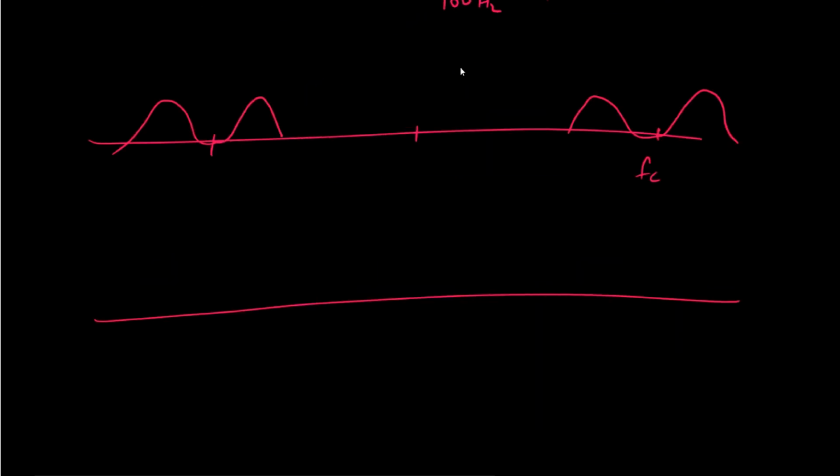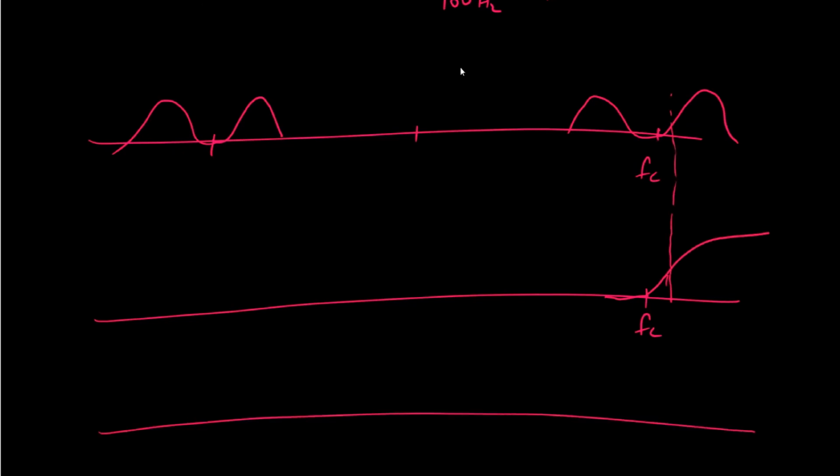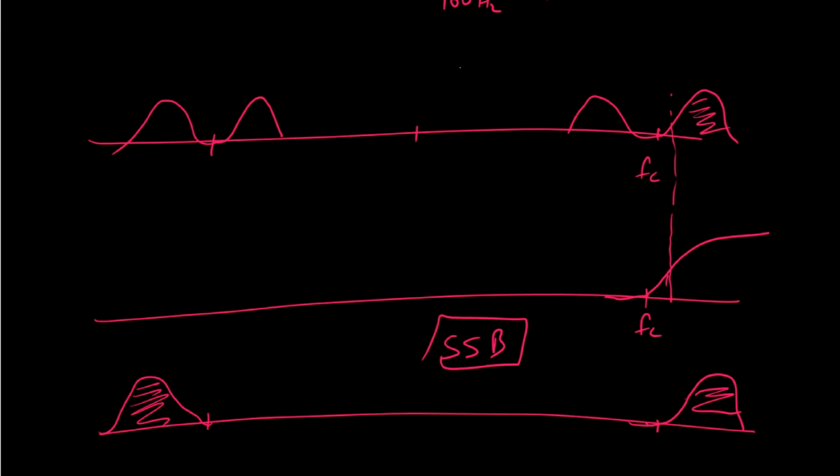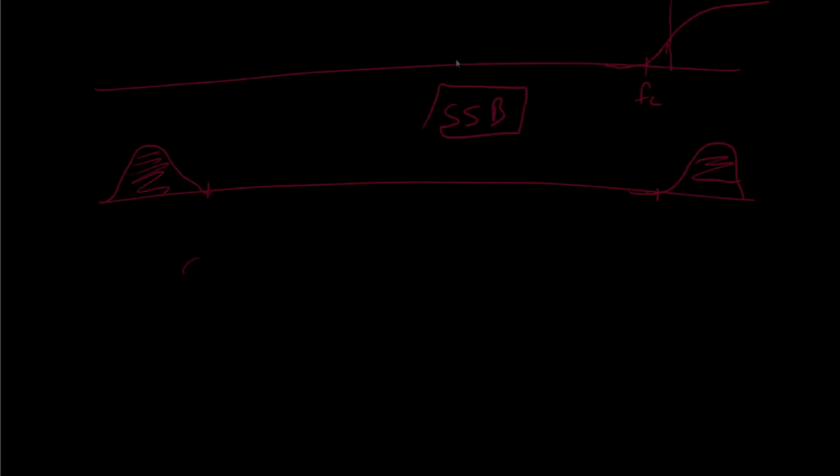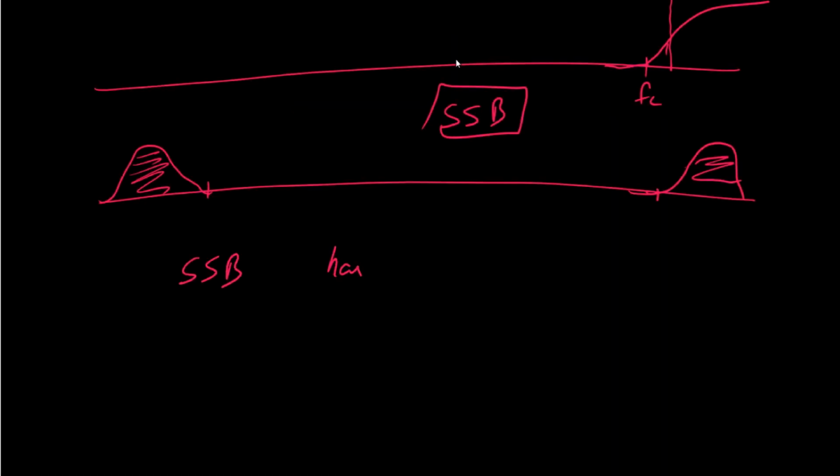And next, if we use a non-ideal filter, we would almost have the upper sideband appearing over here, right? So in this case, SSB is very efficient. That is, we have a hole at DC. So SSB has some limitations when there is DC content in the signal.